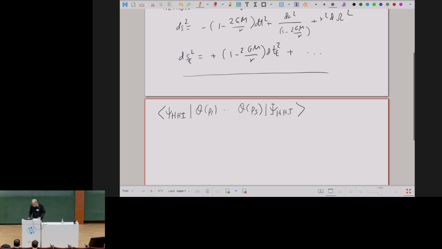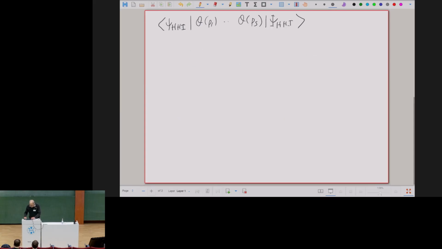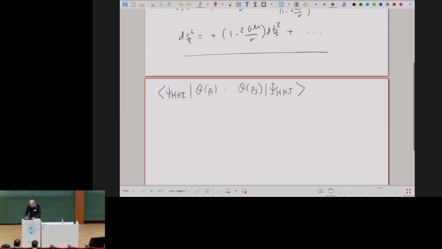And the Hartle-Hawking Israel state is supposed to have the property that expectations in that state are just given by expectations in the Euclidean Schwarzschild solution. Except I'll call this state psi prime because it's unnormalized. On the right-hand side, I don't normalize the path integral.